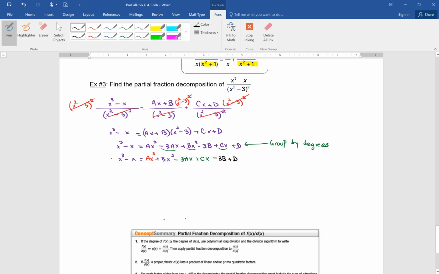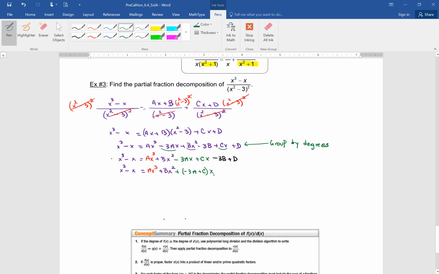All right. And just look through and see which one of these you can factor. The only thing we can factor is the x from that term. So let me just copy these over. From here, it's going to be plus negative 3a plus c times x.